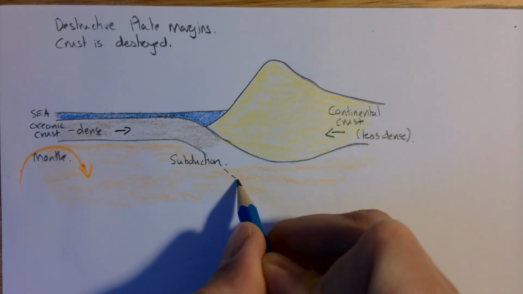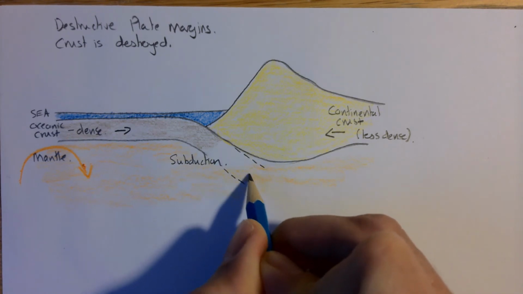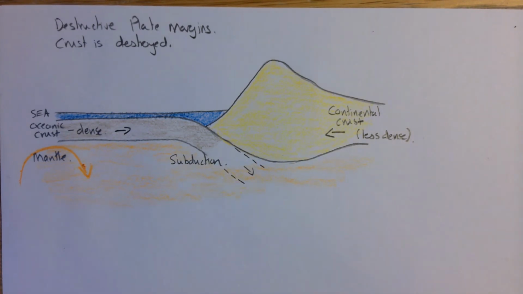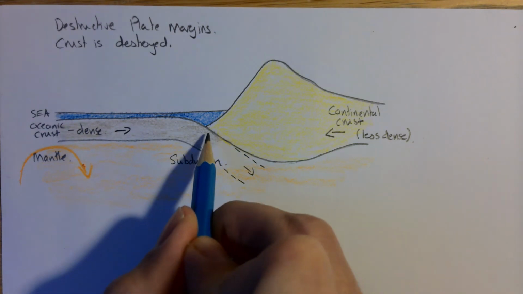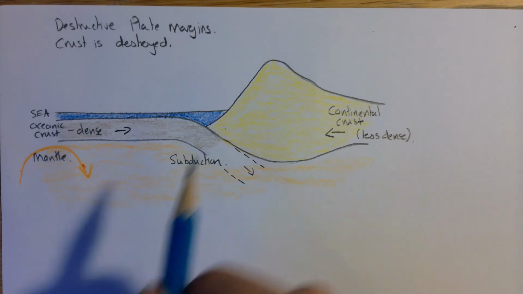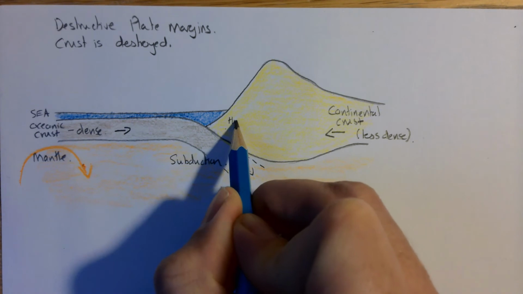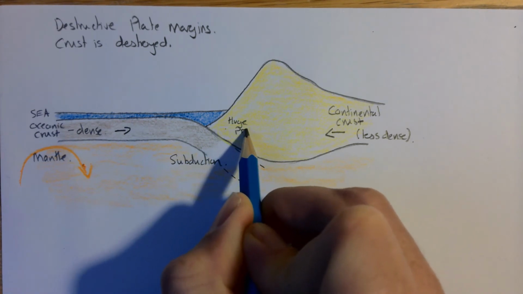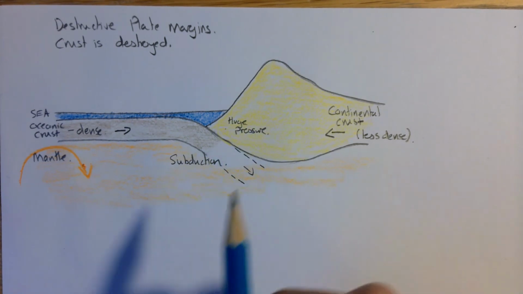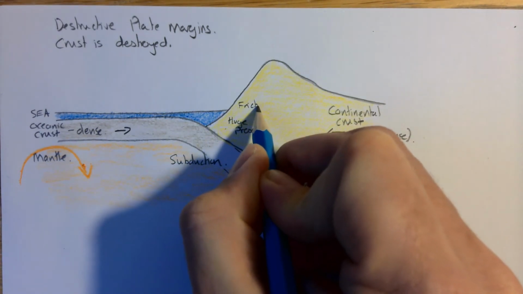As it subducts, it moves deeper into the mantle, and the friction between the oceanic crust and the continental crust causes huge pressure to build up, and that's because of the friction.